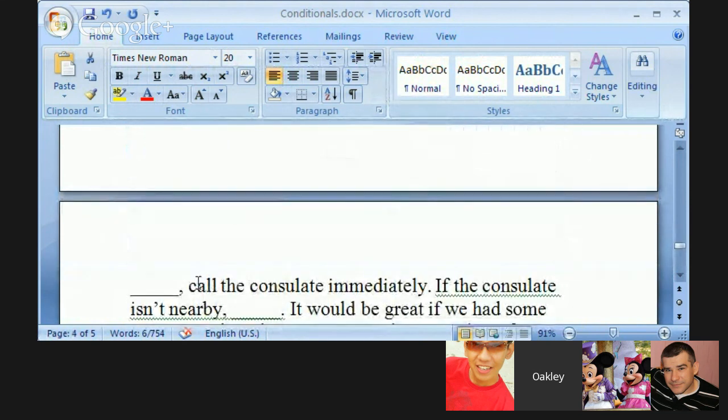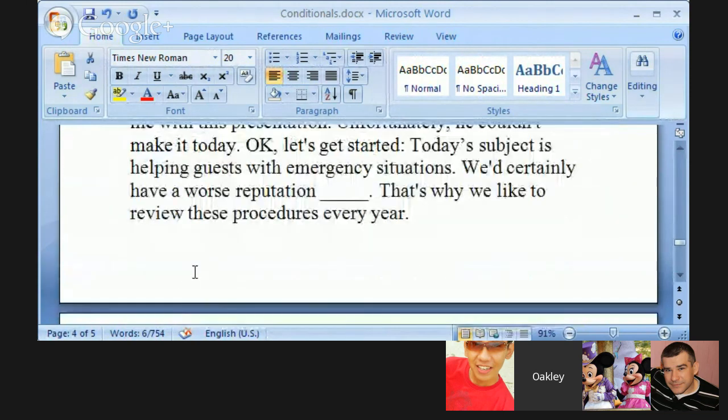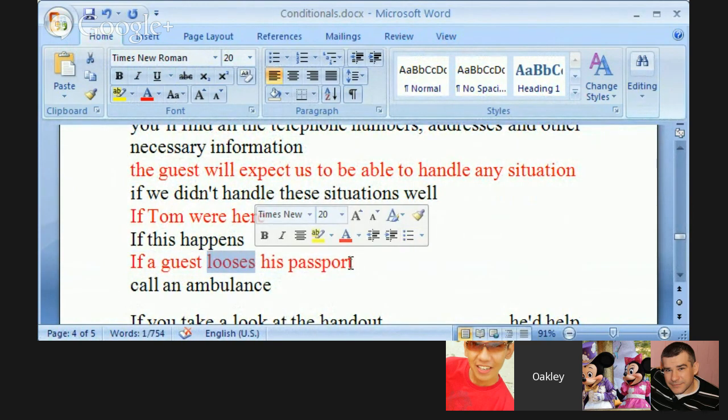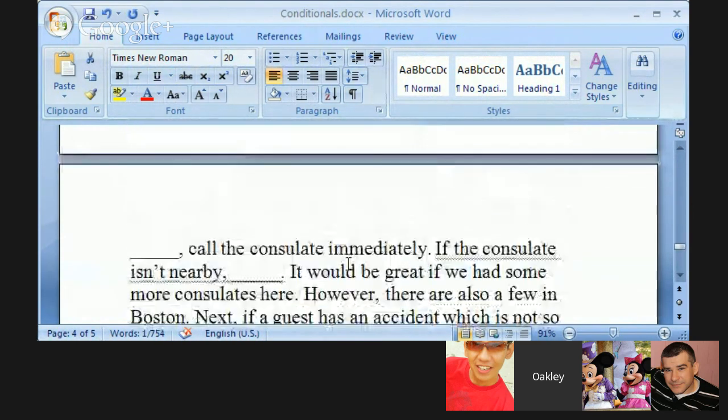Is there something different that we haven't seen yet? No will. If a guest loses his passport, this part is normal, a guest loses, present simple tense. Then we have call the consulate immediately.